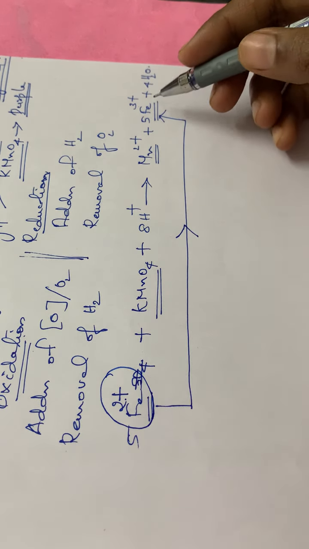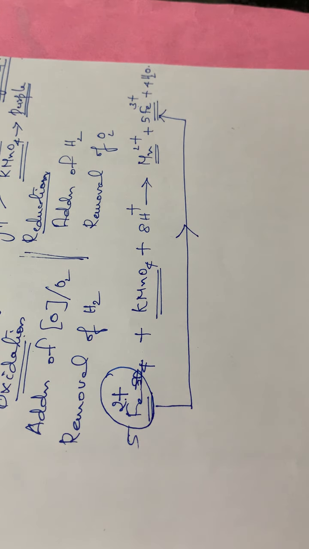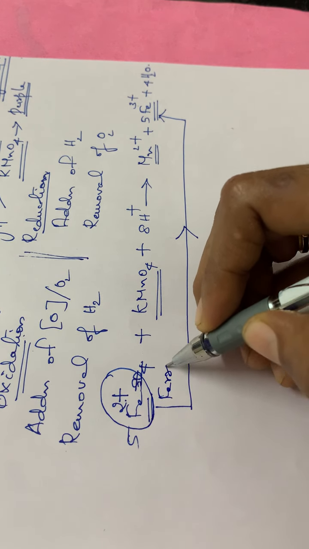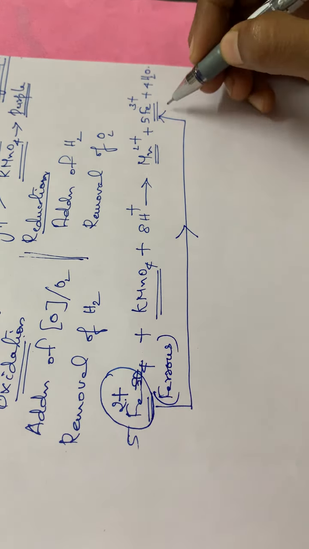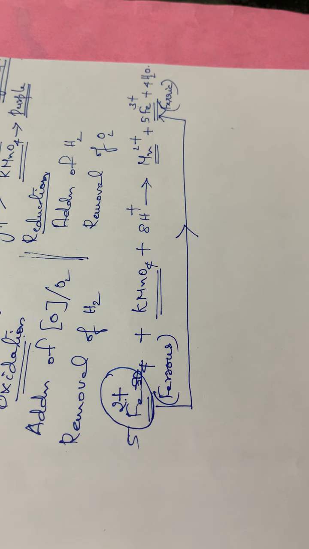That means there will be an increase in the oxidation state. Fe2 plus is ferrous ion and Fe3 plus is ferric ion.